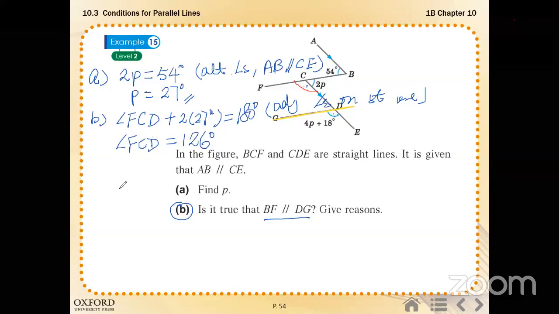Now then, we need to find this one also. And then you tell people, okay, I am going to find angle GDE, which is 4p plus 18, 4 times p, plus 18 degrees.